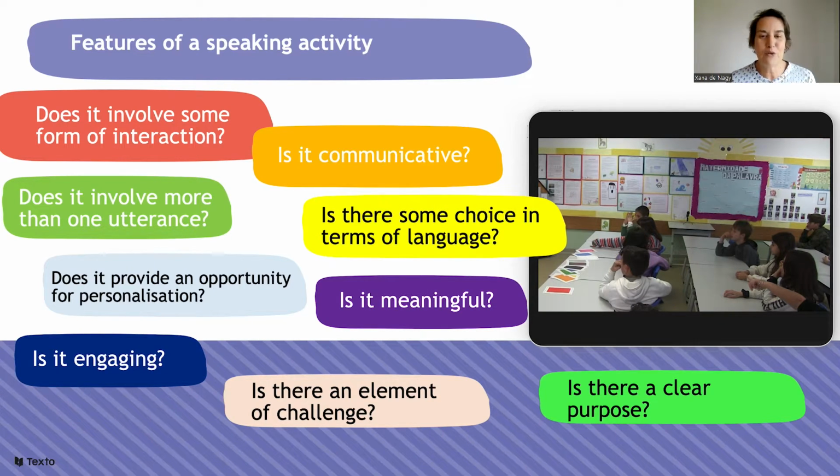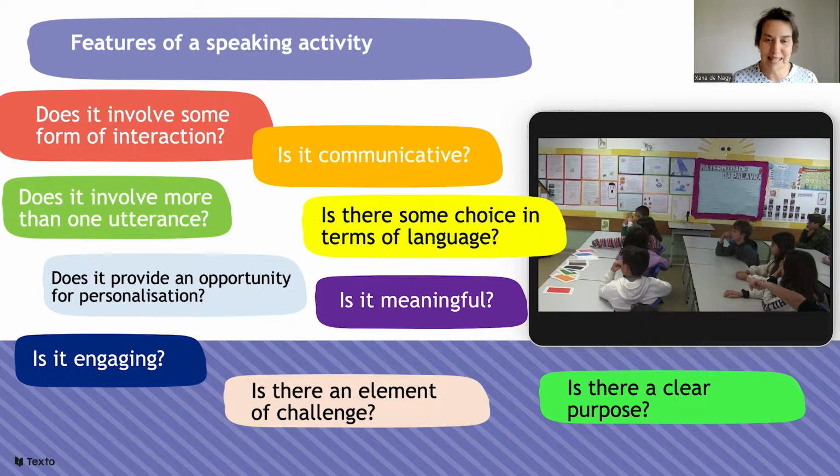Now, in my view, both of those sort of fulfill the criteria for a speaking activity, in that they were both communicating. Even when they were just saying dog, cat, they were still interacting. They were communicating, and they were achieving the purpose of the activity.